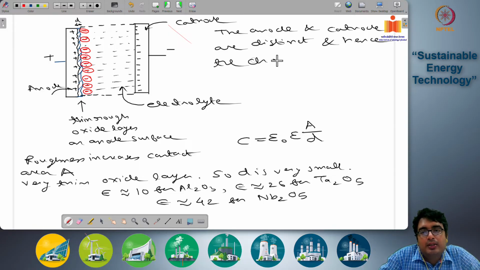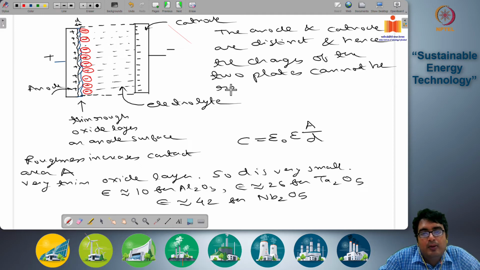And hence the charges of the two plates cannot be reversed.